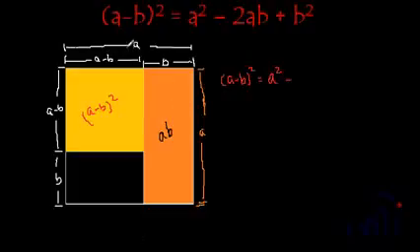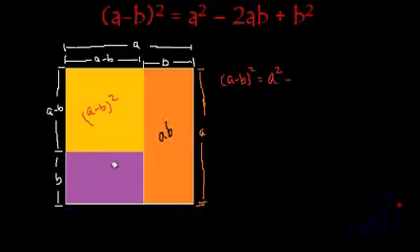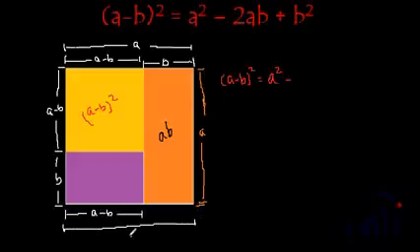And then we have one more rectangle over here, which I am going to color in purple. This is a rectangle whose one side is equal to b and its length is actually equal to a minus b. This whole was equal to a and this much is b, so the remaining is a minus b. So the area of this rectangle will be b multiplied by (a minus b), right?